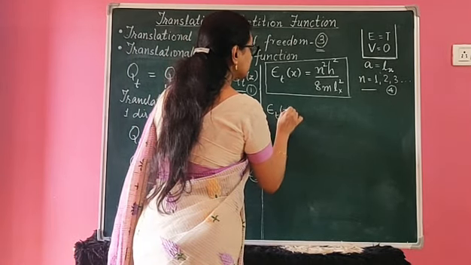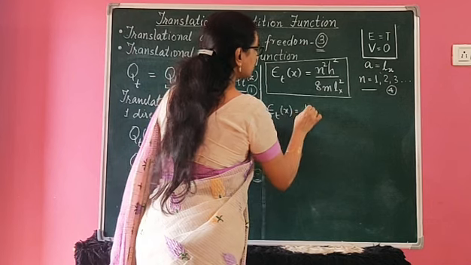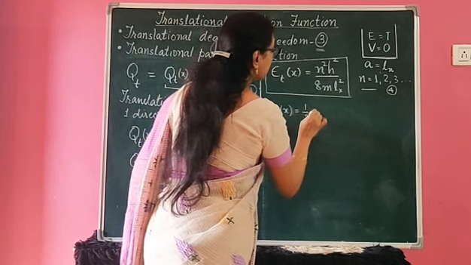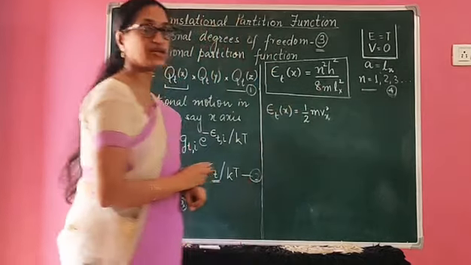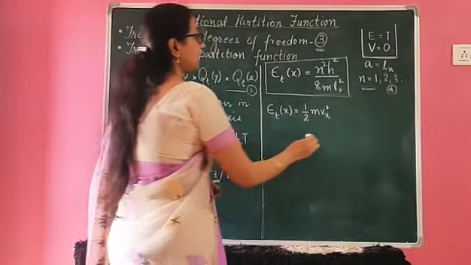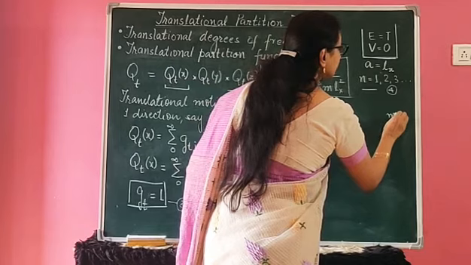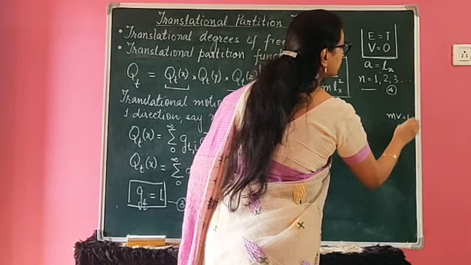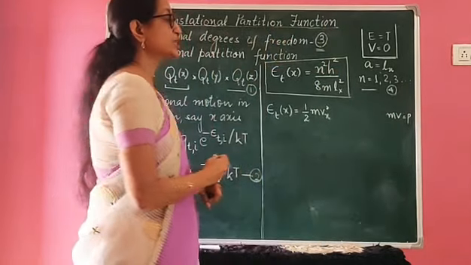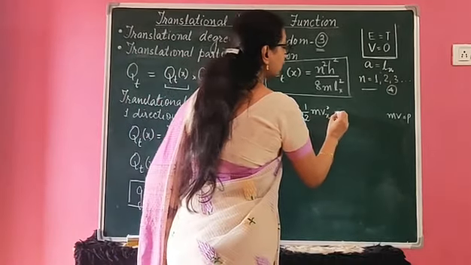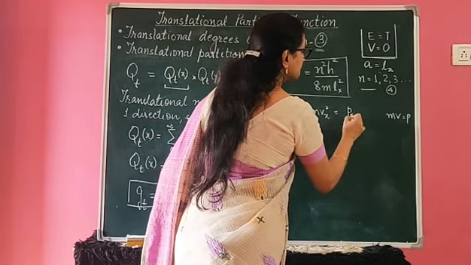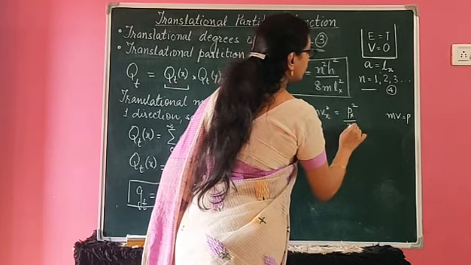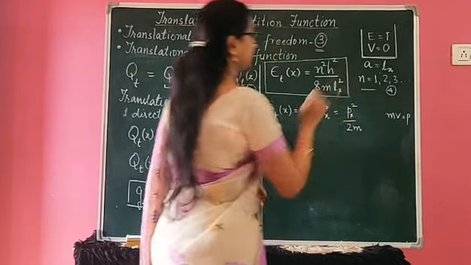Etx along x direction, that means the kinetic energy, is given by half m vx square. Now we know that m into v is equal to momentum p. So in terms of momentum, we can write kinetic energy as px square upon 2m.